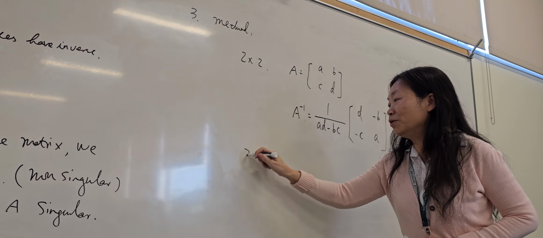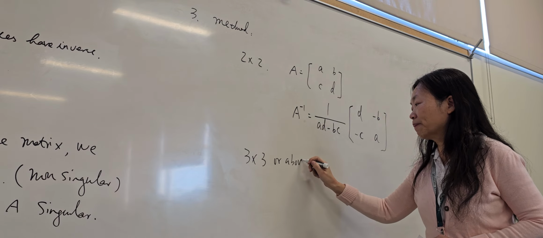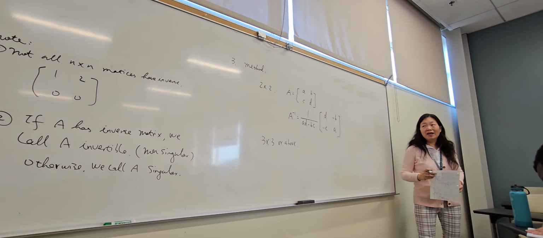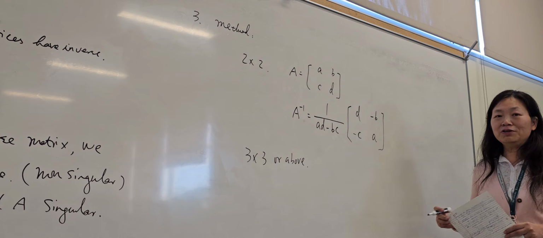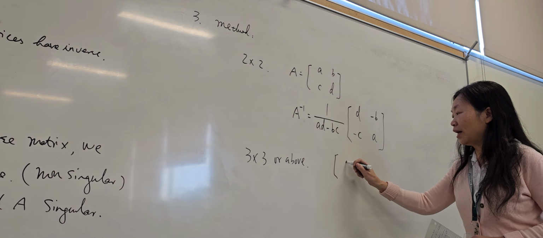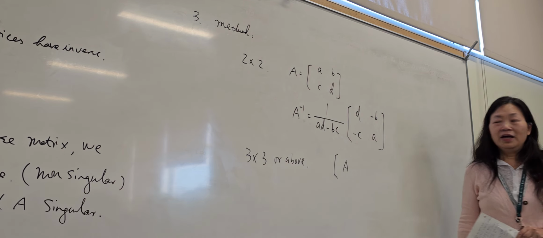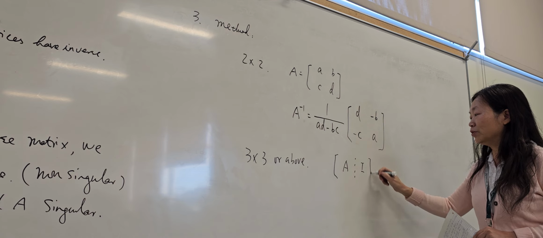Now, if we have 3 by 3 or above, you're not going to do it that way. There's no way you can do it that way. So what you do is get the matrix A, and then put an identity matrix right next to it.